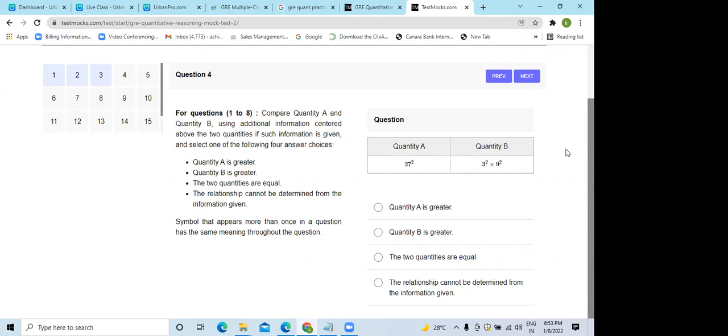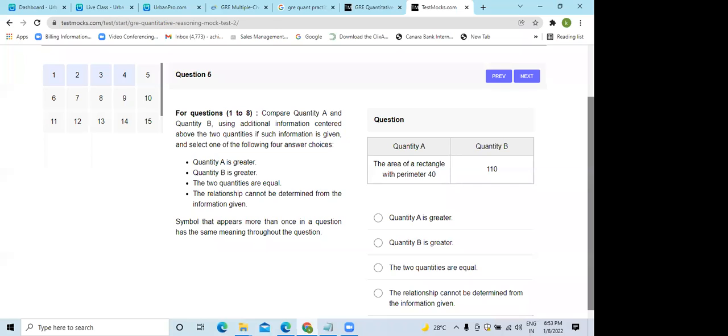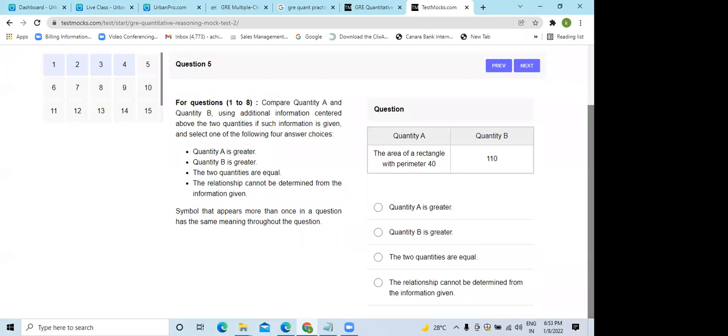You have 7 squared, 7 to 9. You have 9 into 3. Quantities are equal. Area of a rectangle with a perimeter of 40.